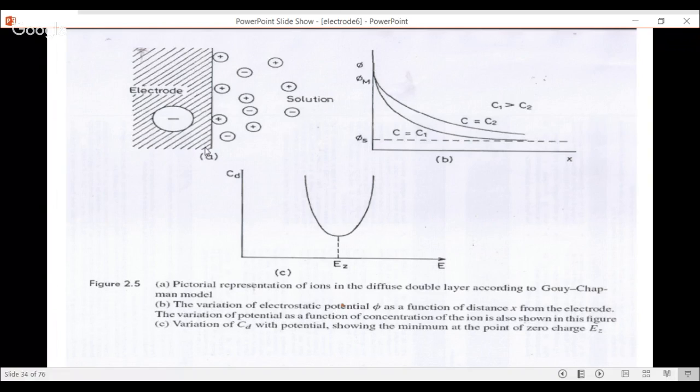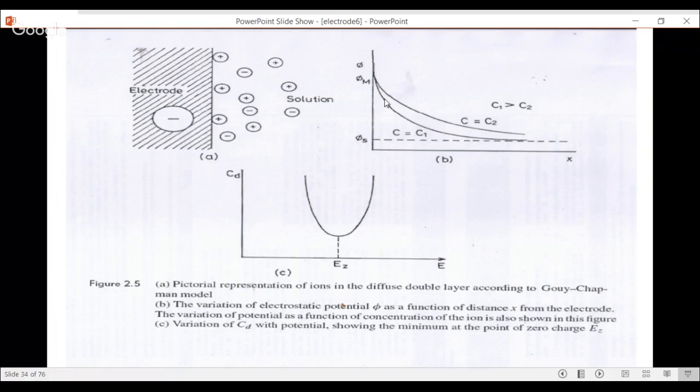We are only taking two or three models which are very characteristic. If I look at the electrode negatively polarized, the positive charges will organize themselves. Then in the second layer and third layer there will be some amount of organization, and finally the solution phase.